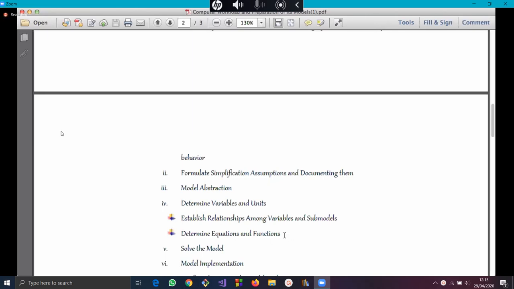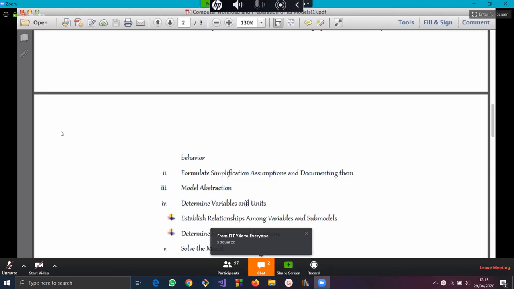For instance, in that particular case, I can actually say, if I know x, then I want to know, okay, these are my variables. What is the relationship?